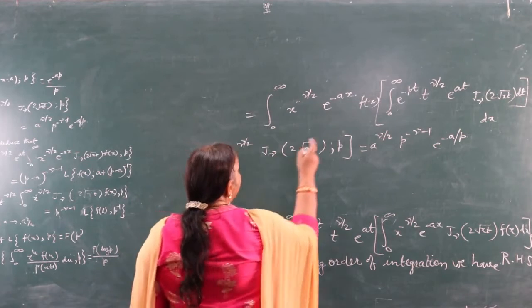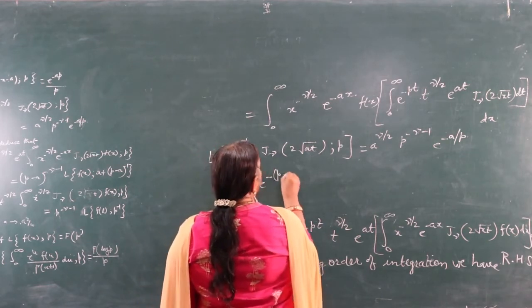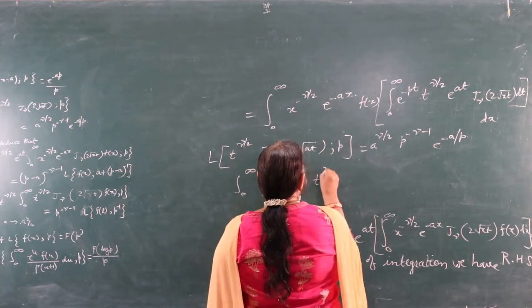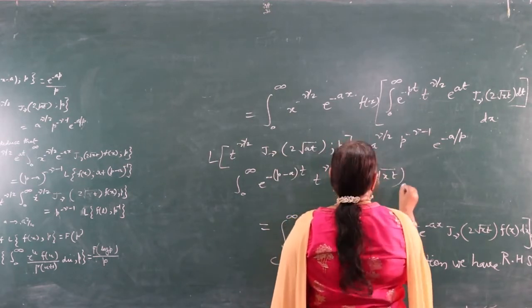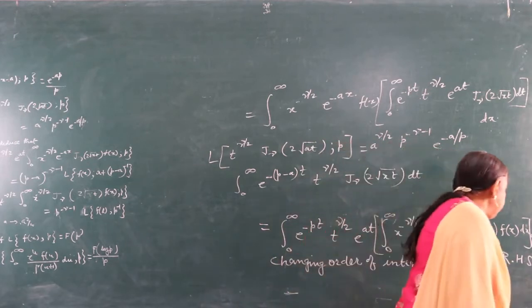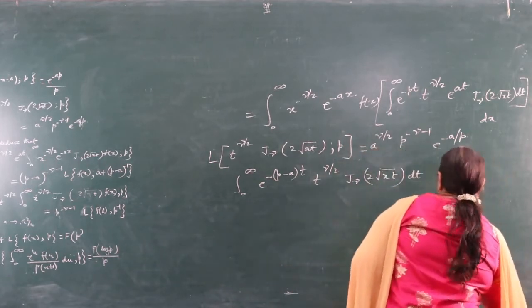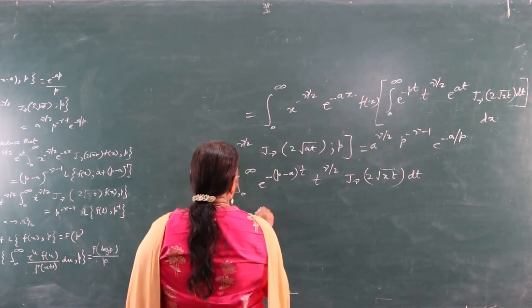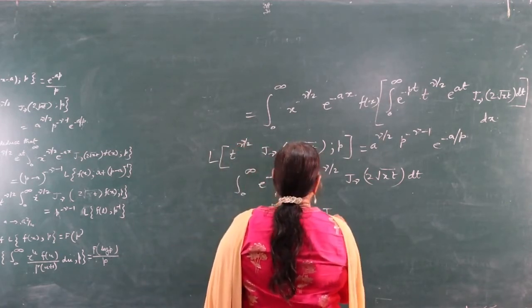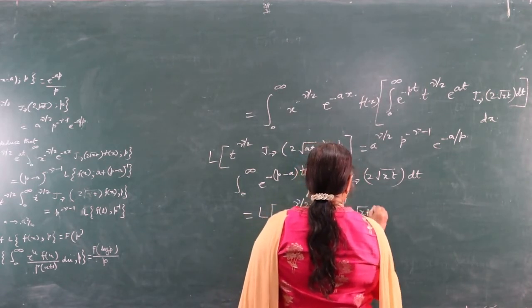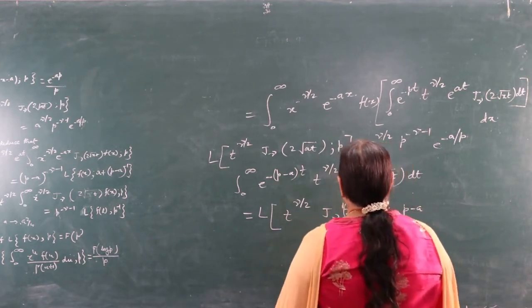Now, if we look at this integral 0 to infinity e raised to power minus p minus a t raised to power nu by 2 J nu 2 root xt dt, we can write it as equal to Laplace transform of t raised to power nu by 2 J nu 2 root xt at p minus a.